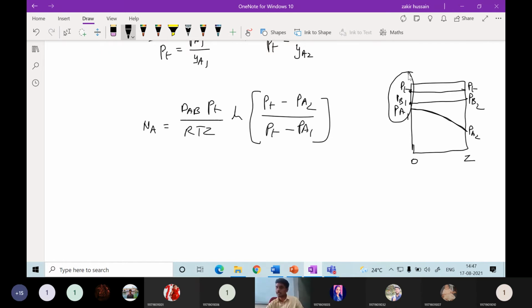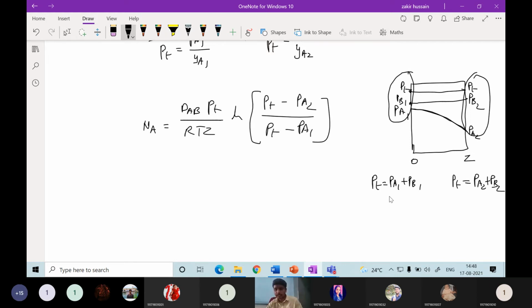Therefore, from the left hand side, we can write PT is equal to PA1 plus PB1, and from the right hand side, we can write PT is equal to PA2 plus PB2.